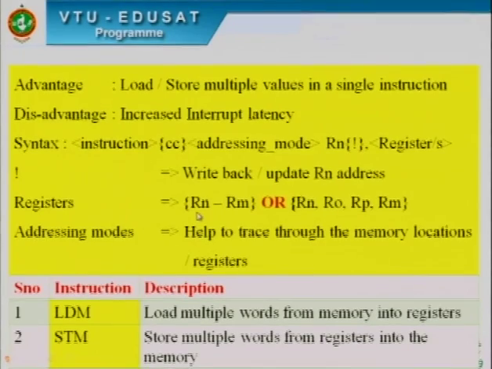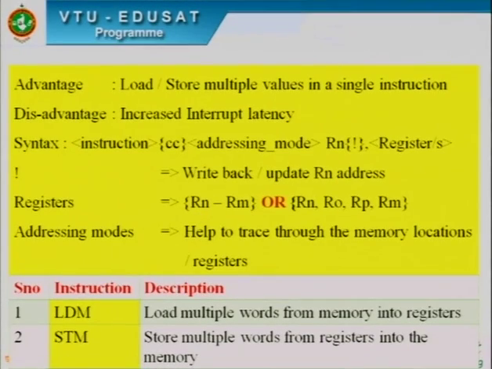When we specify them with a hyphen, Rn should be the lesser register value. That means Rn can be 1 or 2 and Rm can be a higher value than 1 or 2, that is R3, R4, R5 and above. We will take examples with this, so it will be more clear.